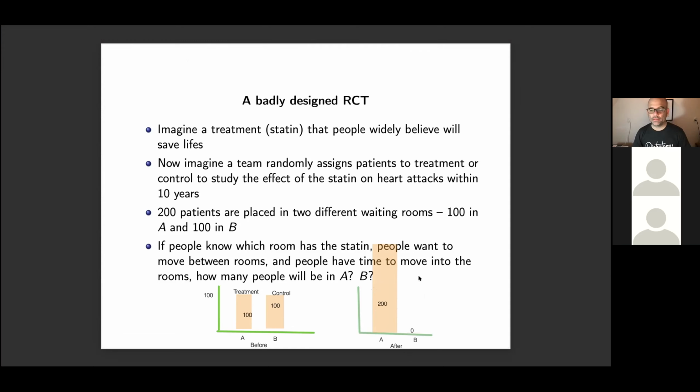We would expect, if the treatment is desirable, they want to move, they can move, we would expect them to move. But think about what the data would look like if this happened.